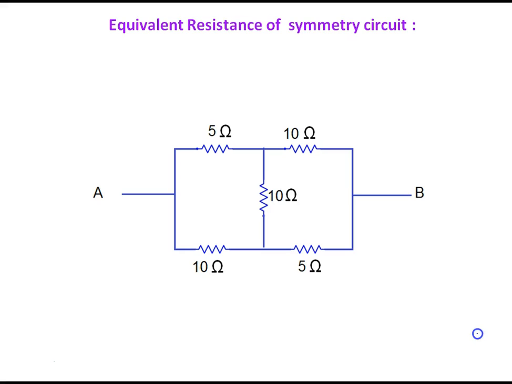Now I will discuss the symmetry situation. In this situation you are observing that at point A there are two resistances, 5 and 10. Here again two resistances, 10 and 5. So definitely there should be some symmetry in the current distribution. Again suppose I assume a battery of 100 volt is connected.